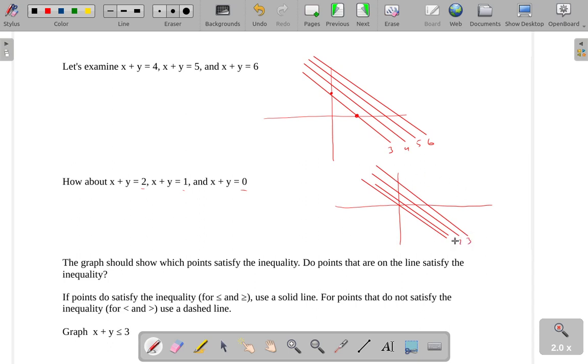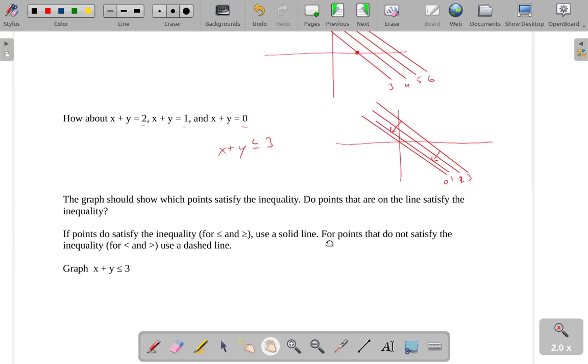This would be a 3, a 2, a 1, and a 0. So you'll notice that all of the lines where x plus y is less than or equal to 3 are over on this side of x plus y equals 3. They're lower and to the left.